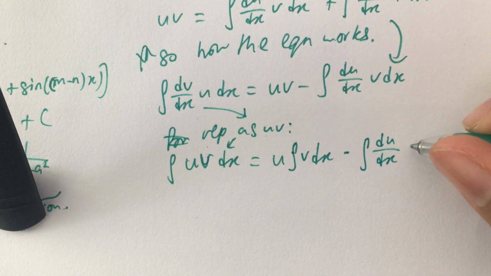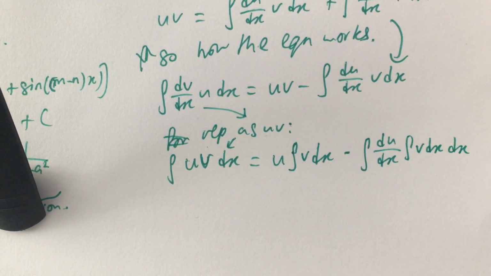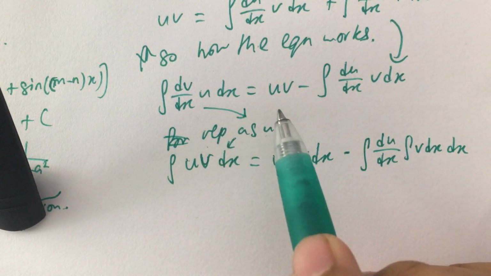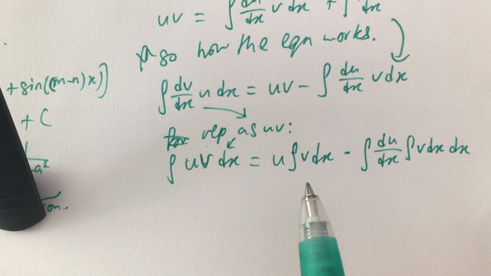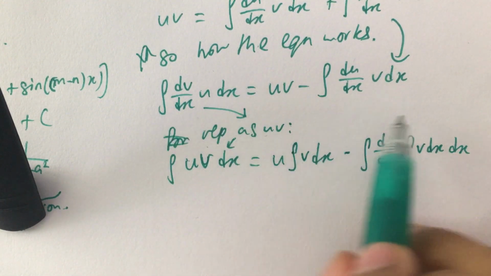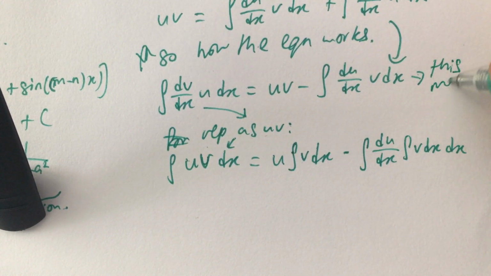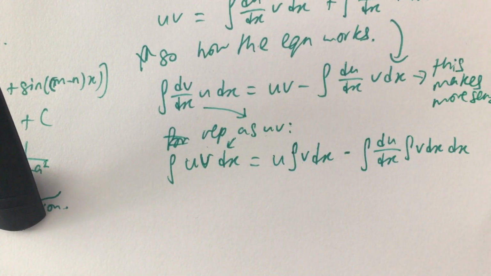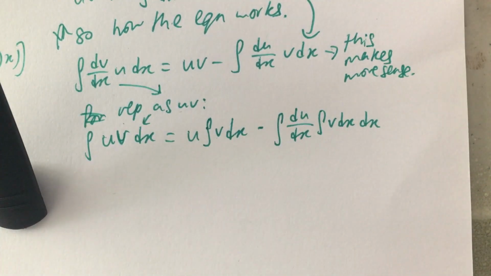So if you integrate everything throughout by x, you get integration of uv dx will be equal to whatever you integrate in this part and whatever you integrate in that part, right? So for the u prime v, you will then get u integration of v, and for the v prime u, you will get v integration of u. Wait, what?